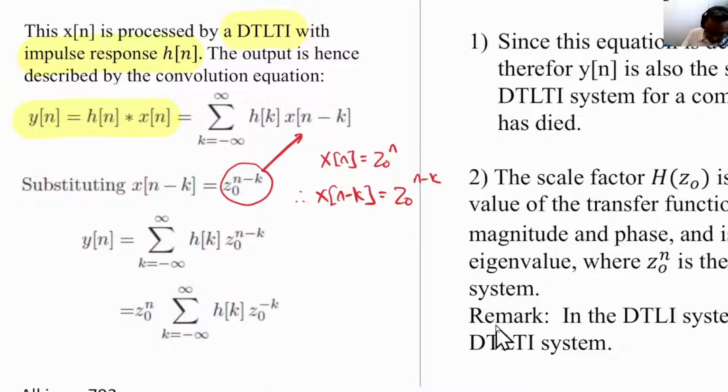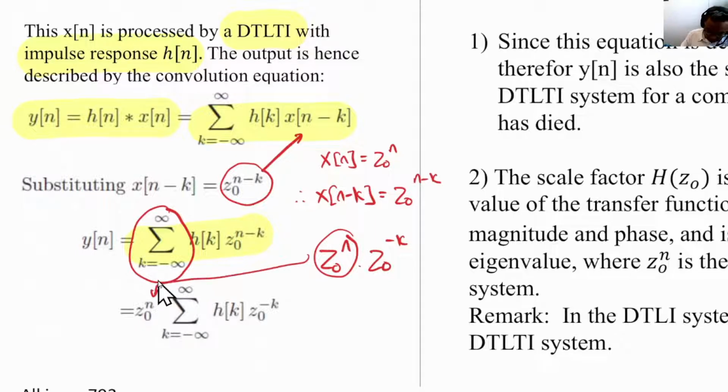The convolution equation from this point becomes this equation, and we know that we can break z0 to the power of n minus k into z0 to the power of n times z0 to the power of minus k. Now, since this summation is over k, we can move z0 to the power of n outside, leaving us with this expression here.